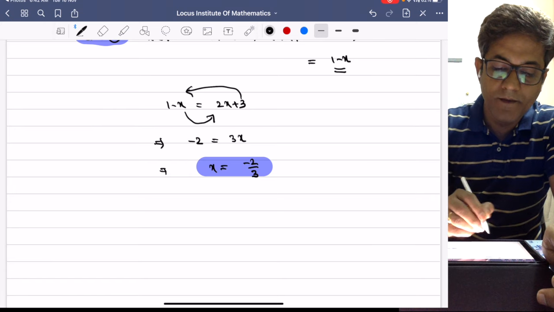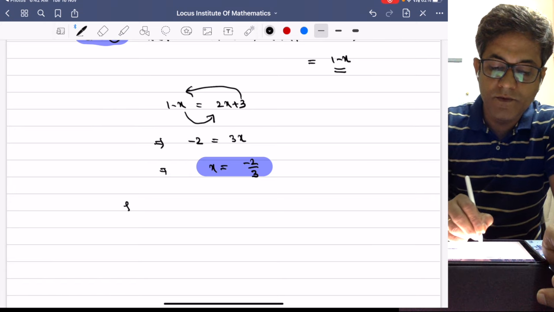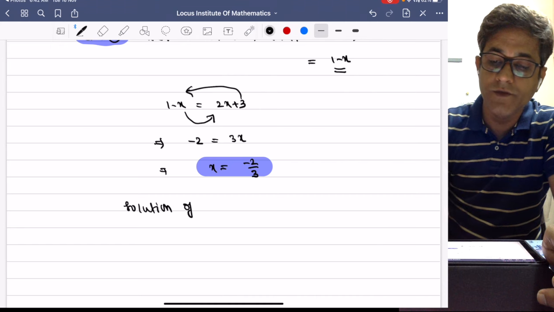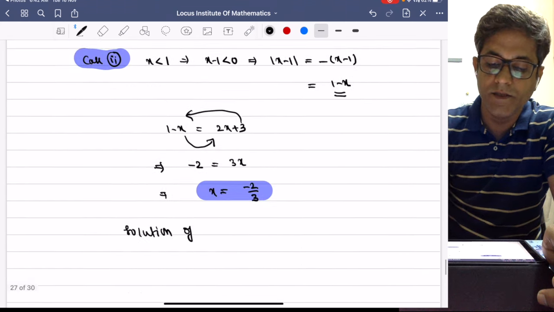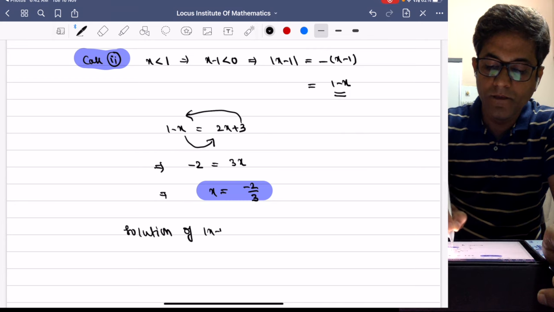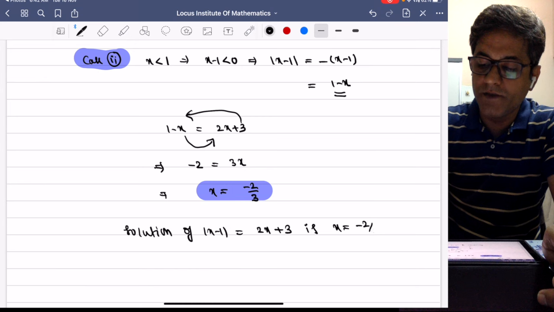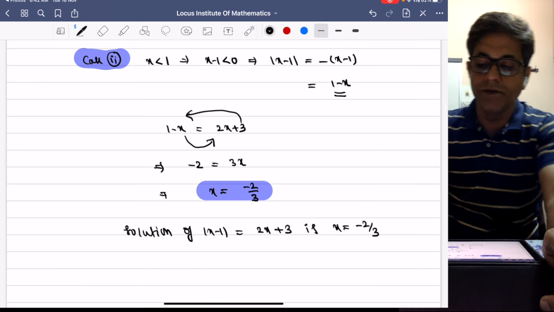Therefore the solution of mod x minus 1 is equal to 2x plus 3 is x equal to minus 2 by 3. This is the only solution.